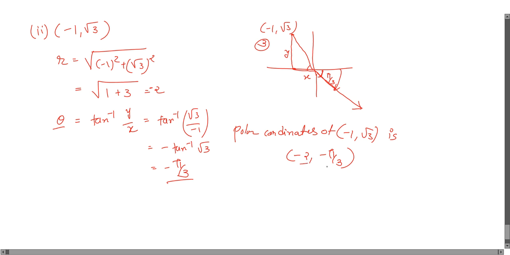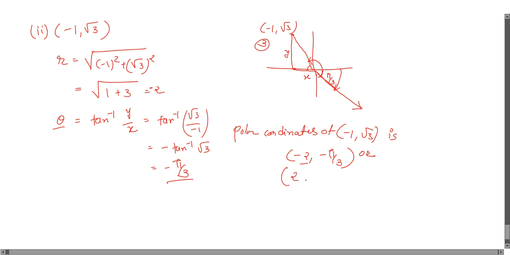or if you are not interested in writing this with a negative value of r, then you have to evaluate this angle so that the whole angle is π and you have this π/3 subtracted, so π minus π/3.